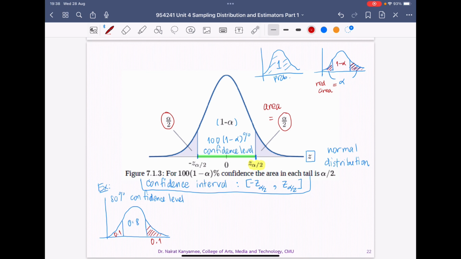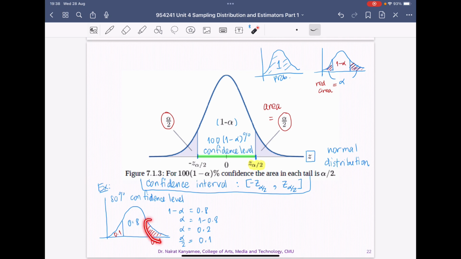The way to find it is not hard. You can set up the equation. The middle piece is 1 minus alpha, 0.8. So alpha is going to be 1 minus 0.8, so alpha is 0.2. Then alpha over 2, just one tail, is going to be half of alpha.